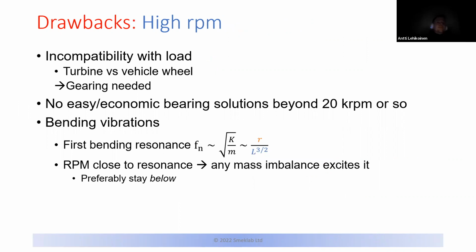So if you increase the RPM of the machine, you get some extra issues in addition to those with the high surface speed. For instance, you have to consider the RPM at which your load is spinning.